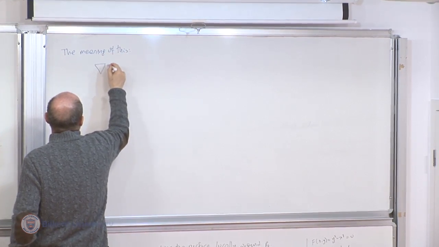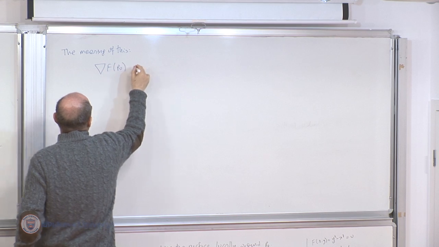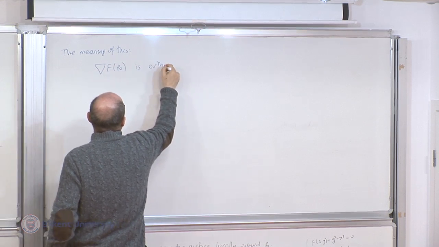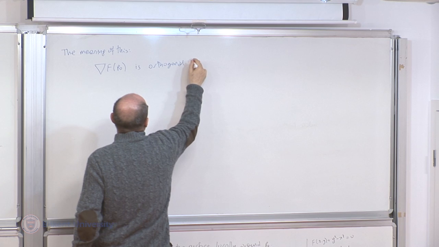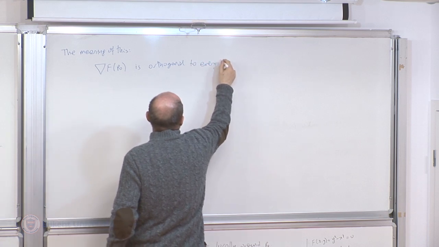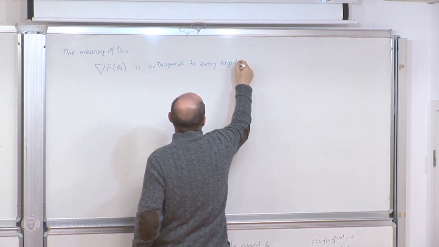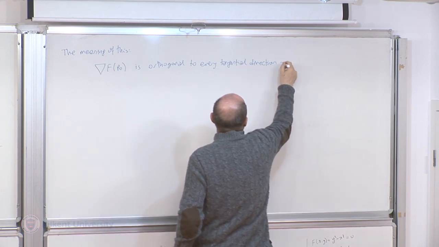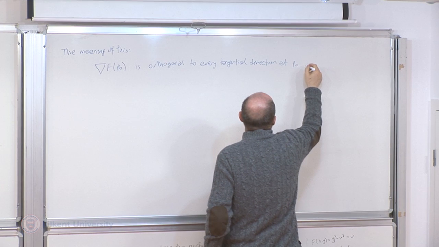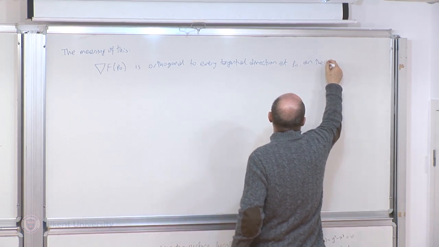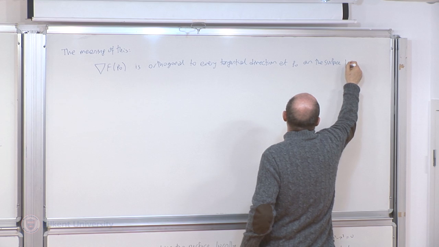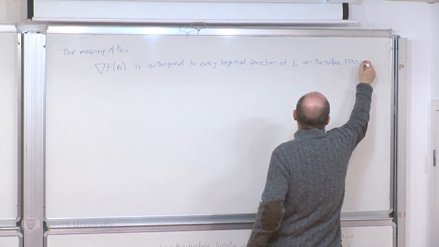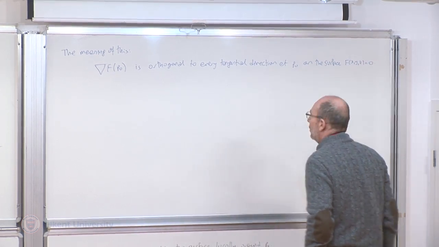Gradient vector of f at p sub 0 is orthogonal to every tangential direction at p sub 0 on the surface given by f(x, y, z) equals 0.